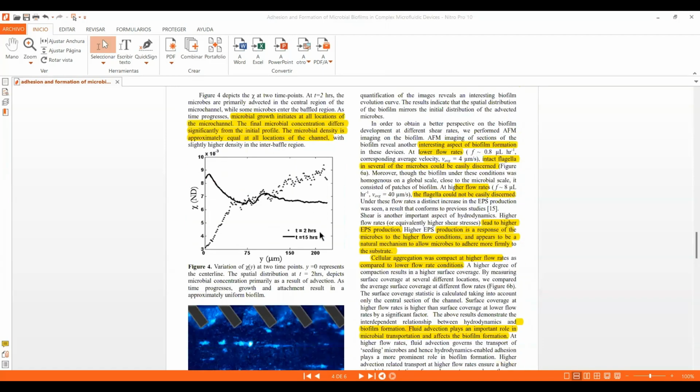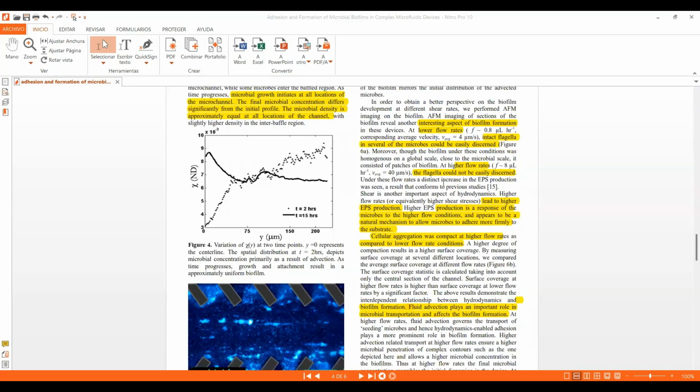Another important aspect that they analyzed, which is so interesting, is that at lower flow rates, they can observe intact flagella in several of the microbes, which could be easily discerned. Compared with the higher flow rates, the flagella could not be easily discerned.